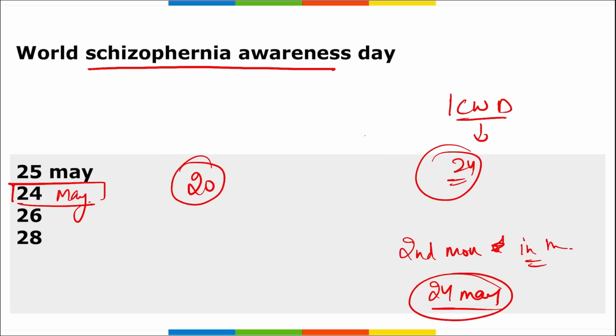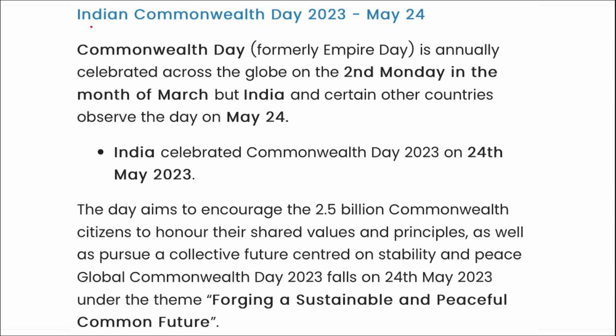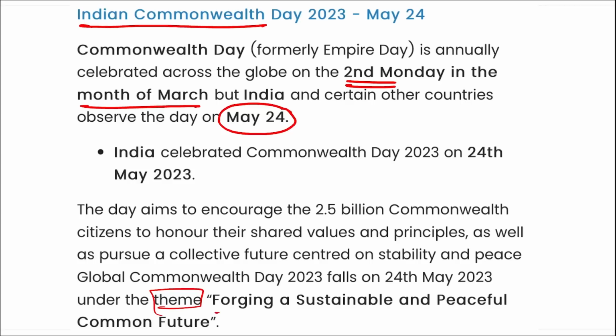Correct? This is your Commonwealth Day. It is observed in India on 24th of May, but in general it is observed on the second Monday in the month of March around the globe. And the theme for this day you can remember: forging a sustainable and peaceful common future.